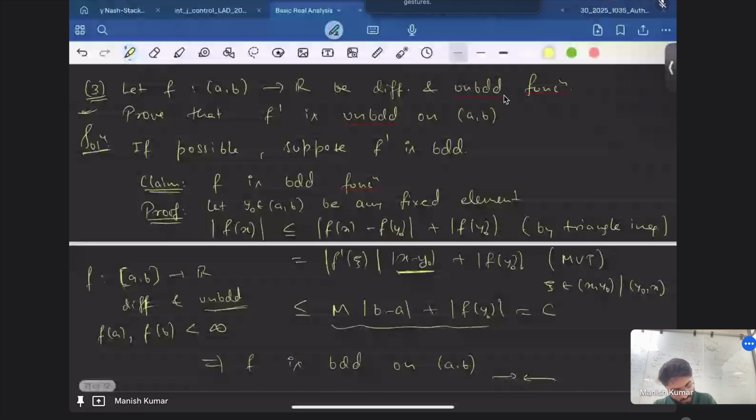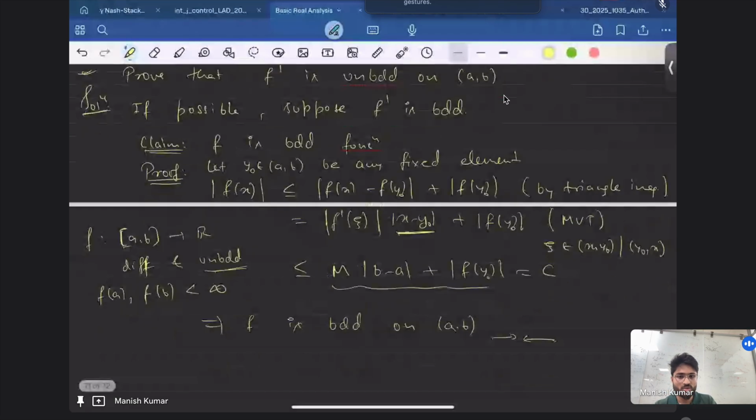My function f is defined on the closed interval AB to R, differentiable and unbounded.